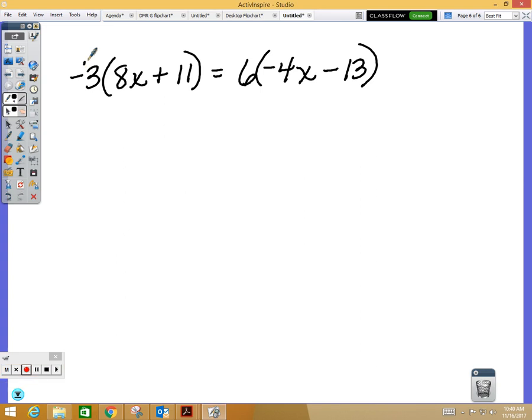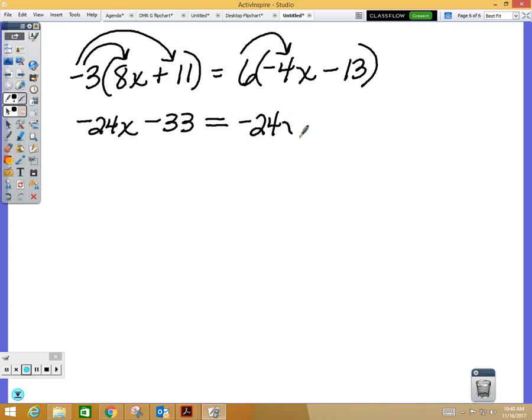So over here, distributing your negative 3. Negative 3 times 8x is a negative 24x. Negative 3 times positive 11 is a negative 33. On my other side of the equal sign, I have 6 times negative 4x, which is negative 24x, and 6 times negative 13, which is a negative 78.